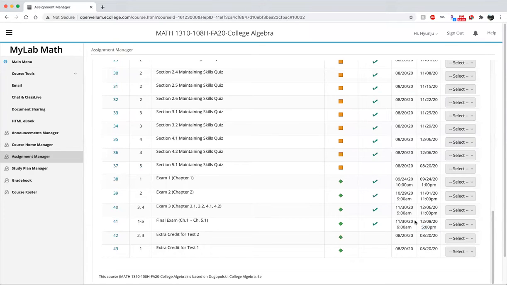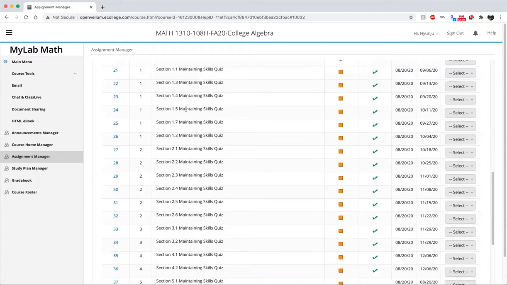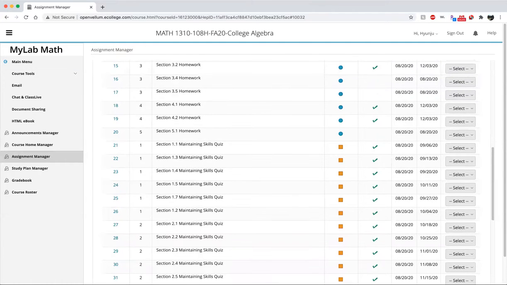Keep in mind, after 5 p.m., for any reason, I cannot extend the due date, because I have to submit the grades the next day. So please take exam 3 and the final exam earlier than the due date.